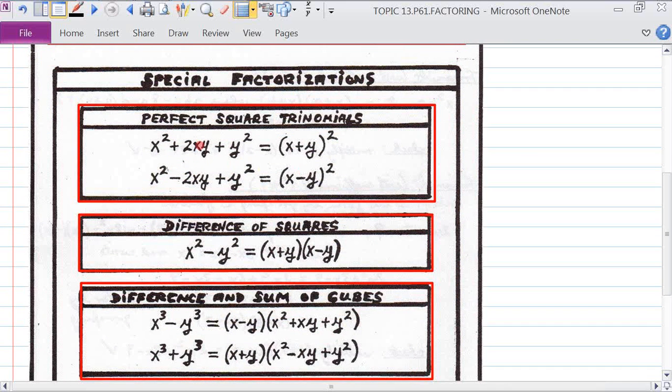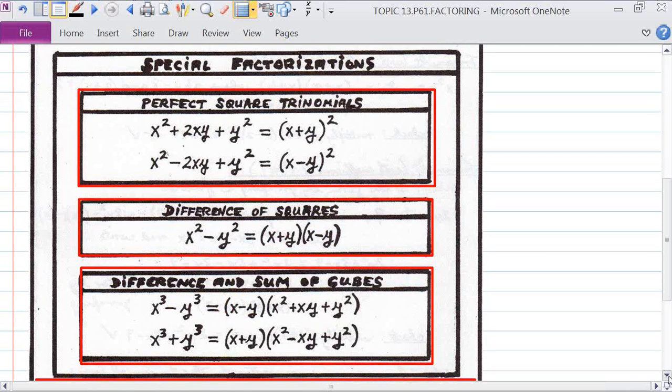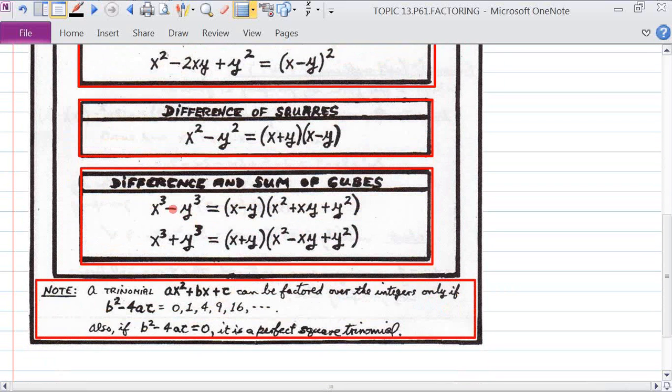Some special factorizations are perfect square trinomials. So this has 1, 2, 3 terms. It can be simplified as x plus y squared. This can be simplified as x minus y squared. We're going to look at the difference of squares right here, and we're going to look at the difference and sum of cubes. Here is the difference of cubes.